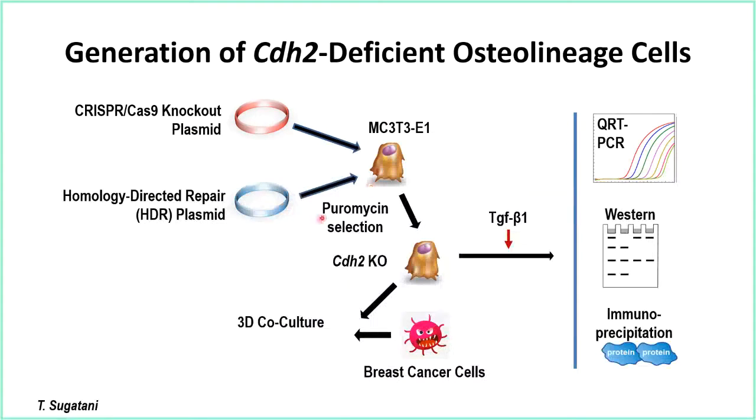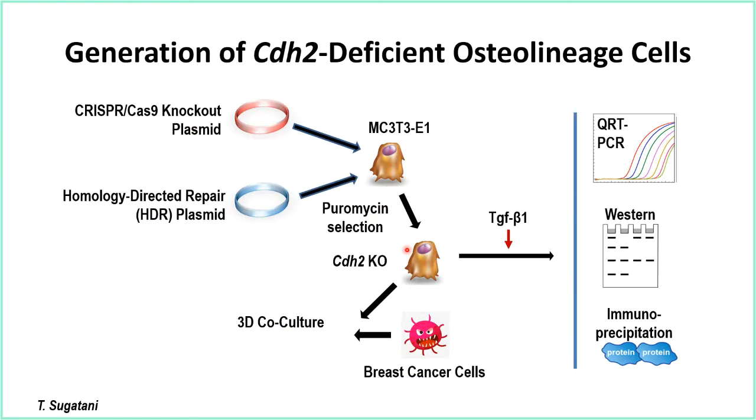So based on that biology, first of all, we created cell lines using the MC3T3 lacking N-cadherin, using CRISPR-Cas9 technology, which makes it very easy to create knockout cell lines, and generated several cell lines with N-cadherin knockout.